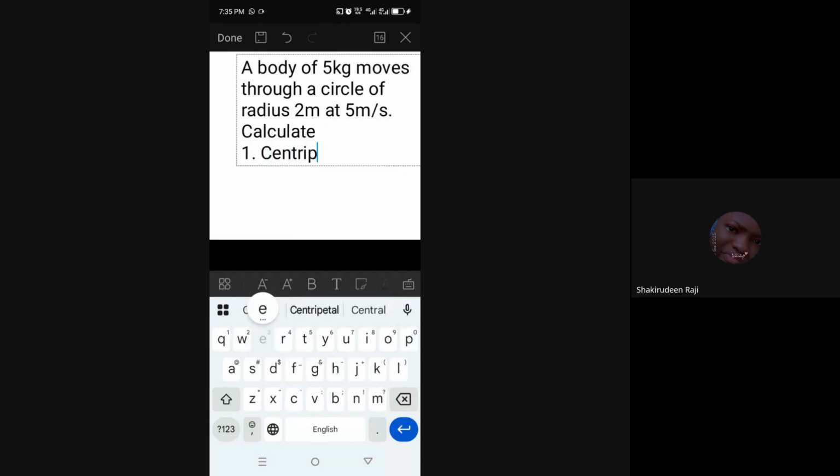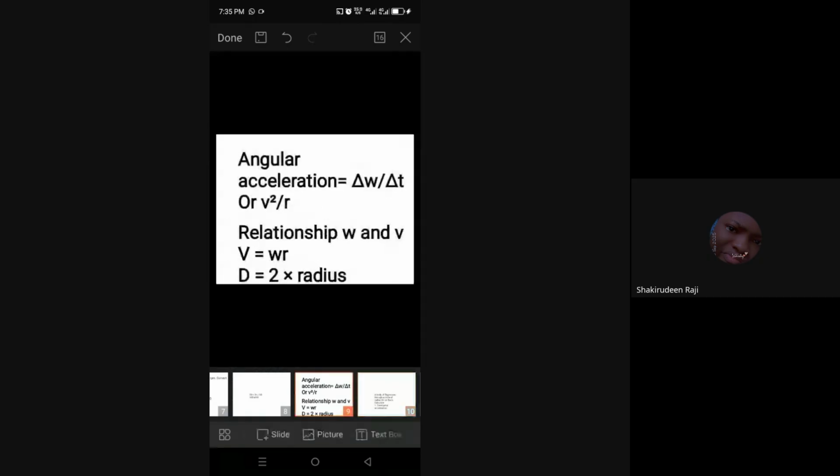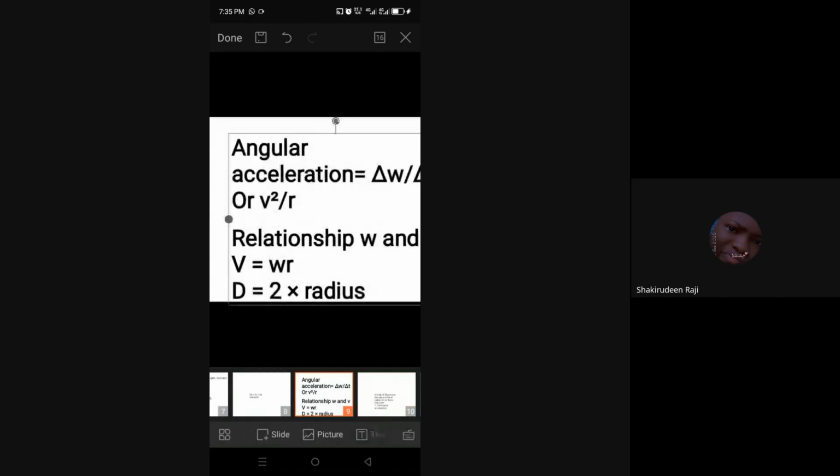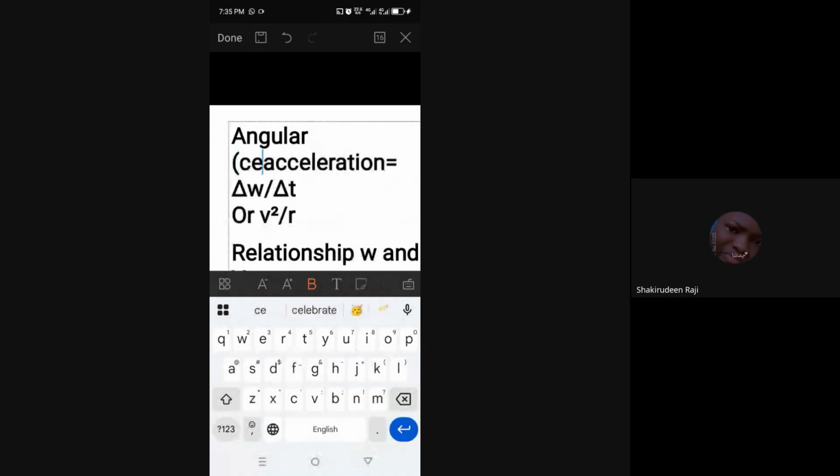Centripetal force. Okay, let me say centripetal acceleration, or angular acceleration, is still the same thing. So this formula that I wrote here now, you can call it your centripetal acceleration.